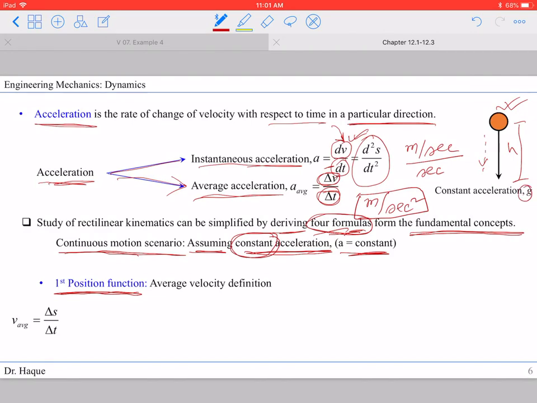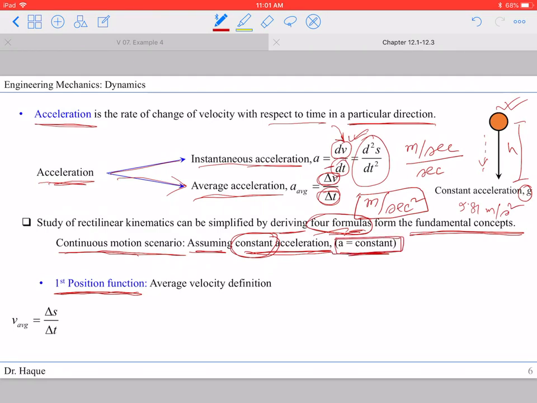That's g. We know it's 9.81 meters per second squared. So this is an example of constant acceleration. The formula that we're going to derive is only valid if the acceleration is constant.